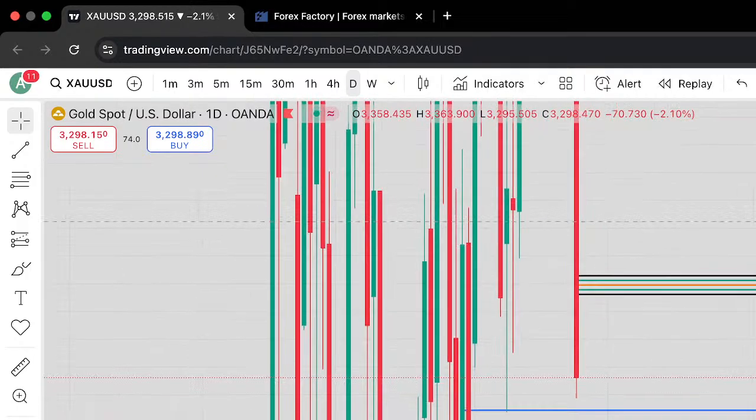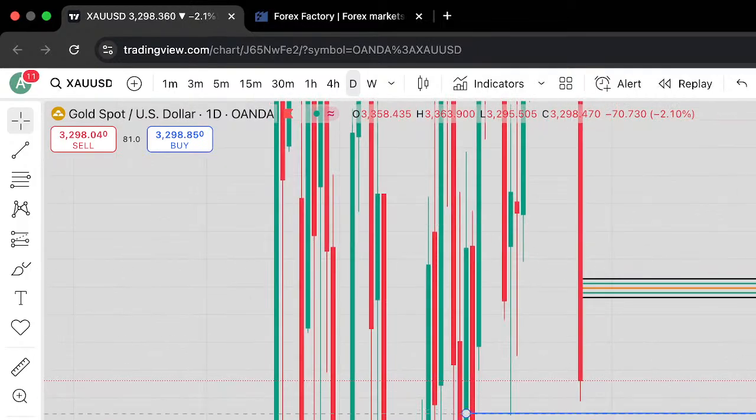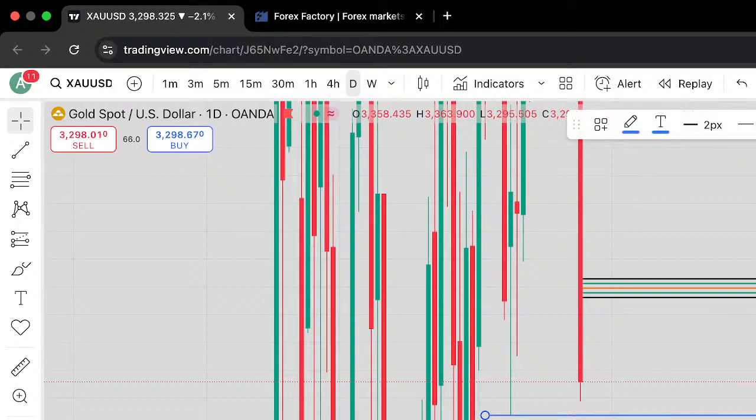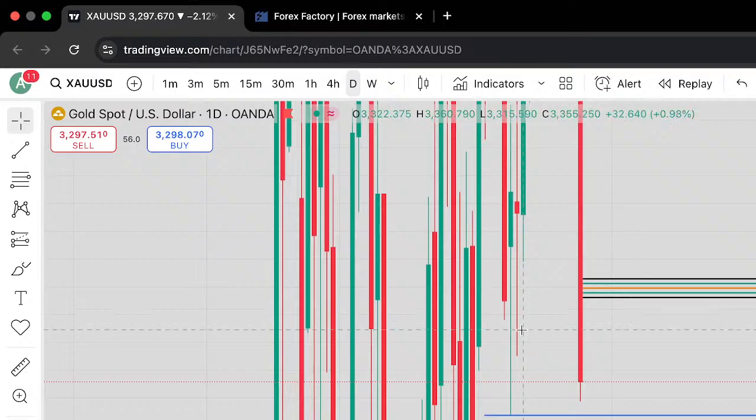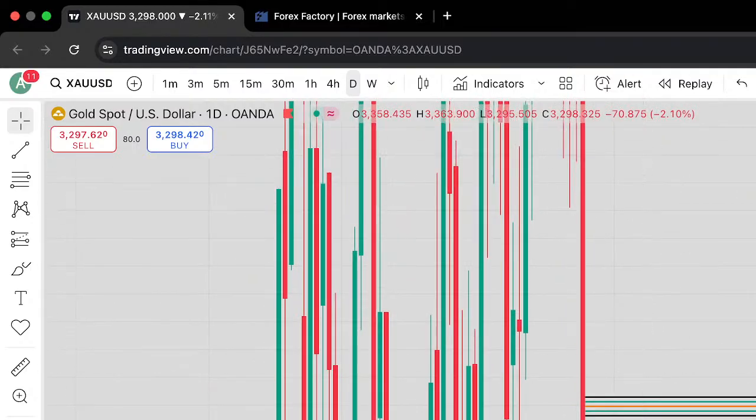Let's check. 3,293 was my target. Let's fix it a little. This is the level where I'm looking for the price to come.